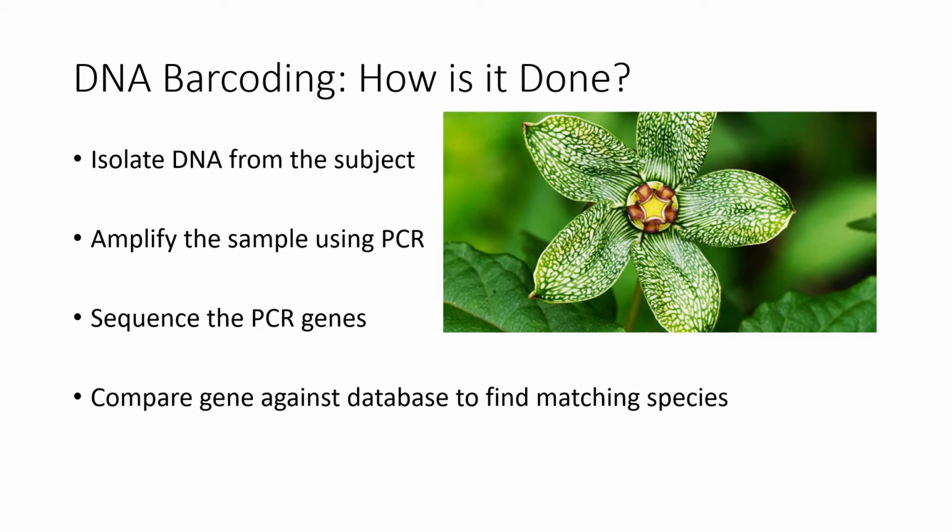It can also be used to control pests because you can identify these pests in any life stage, which means you can figure out what it is, figure out how to eliminate it, and have healthier agriculture.